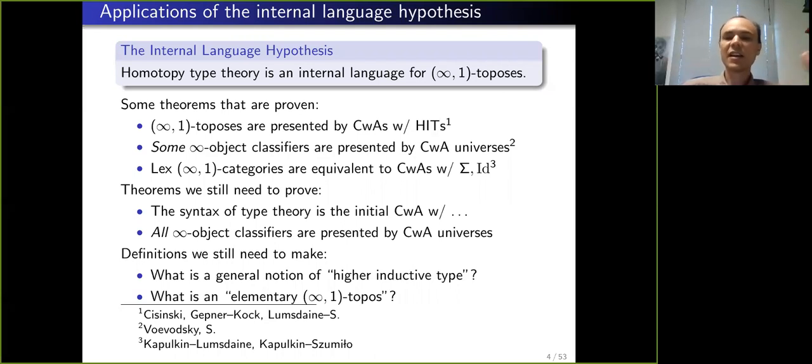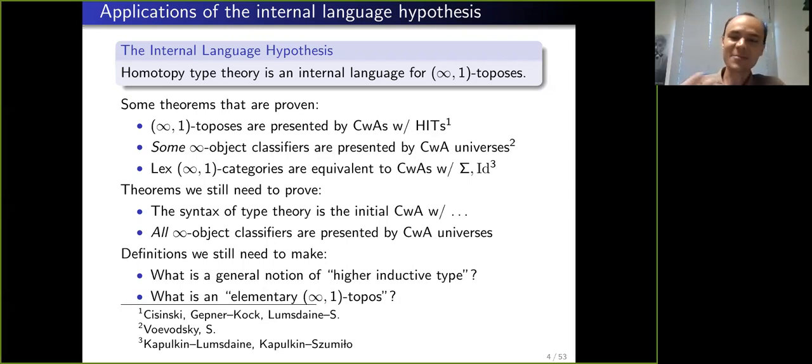Particularly, for instance, we want a definition of what is a general notion of higher inductive type. We'd like it to be such that it's supported in these higher categorical models, assuming that they exist, so that we can prove the conjecture. And also, if we want to make a definition of something like an elementary higher topos, we'd like it to be such that it supports homotopy type theory as its internal language.